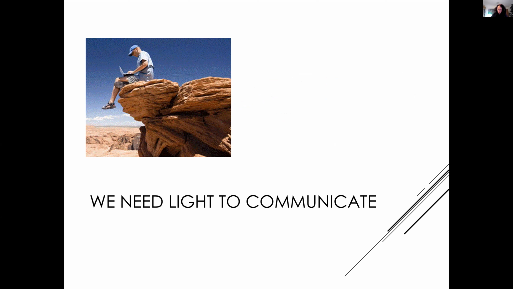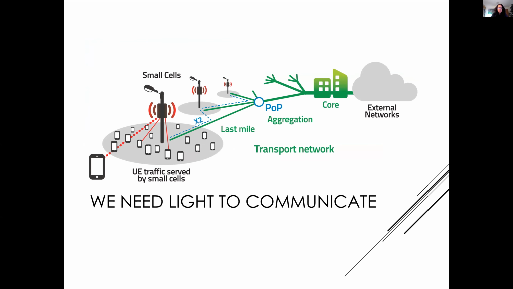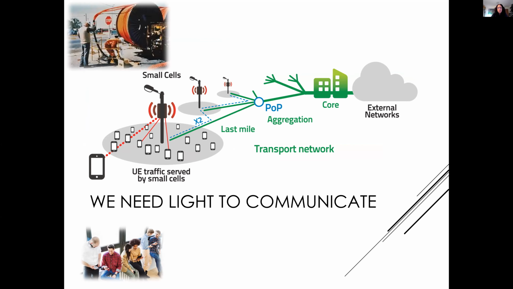So maybe for students that are not well aware of how a communication system works, we can say that when I share my text message with my friends, I transmit data from my mobile, wirelessly of course, to a small antenna, a small cell, and then all the traffic is collected and transmitted from the antenna to the point of presence aggregation.